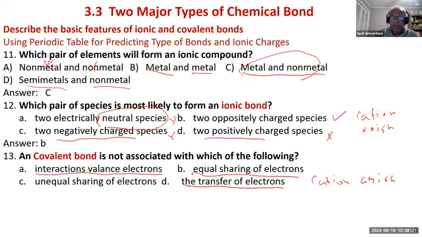Equal sharing of electrons happens. We're going to look into covalent bonds that share equally and share unequally. These are all 3 possibilities of covalent bond. But this is not associated with covalent bond. That should be the correct answer. D should be the correct answer.